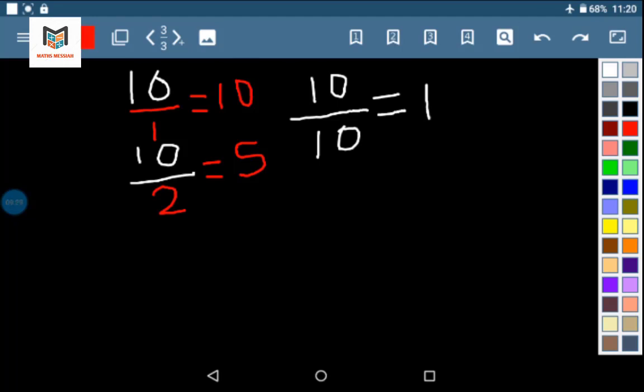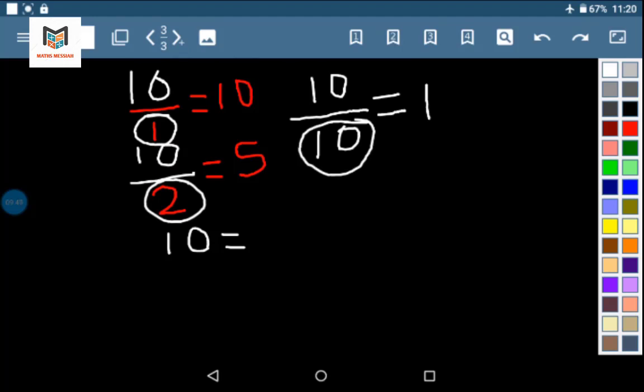You can list the factors of 10 from the lowest number that you can see. So we have 1 here, we have 2 here, and we have 10 here. So let's list them.